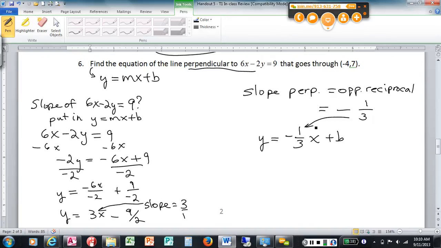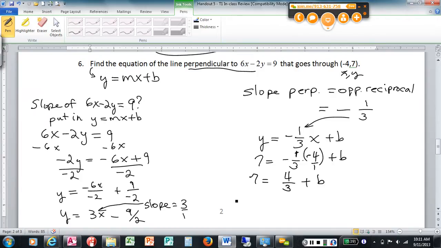How do I find the b? Well, there are different ways, but isn't this an x comma y? So let's plug in x to be negative 4 and y to be 7. I can make that substitution. That's negative 1/3 times negative 4 over 1, so negative 1 times negative 4 is positive 4, and 3 times 1 is 3.